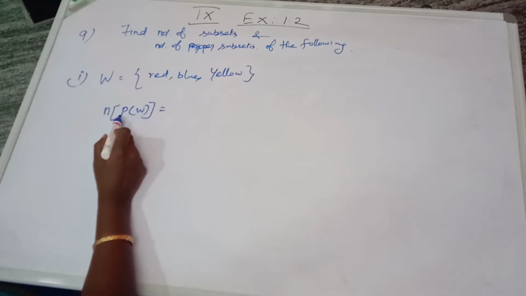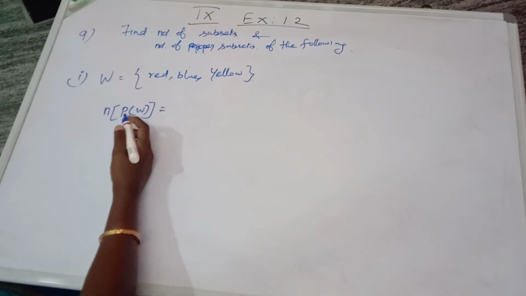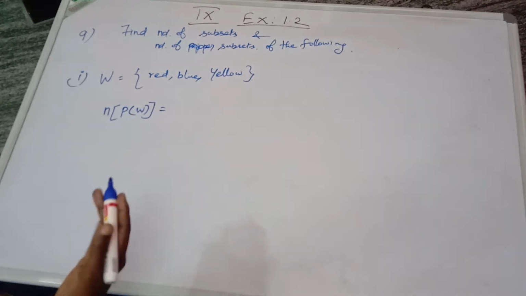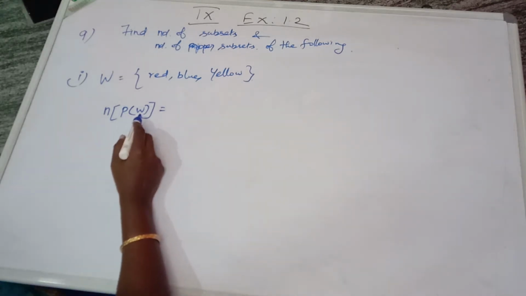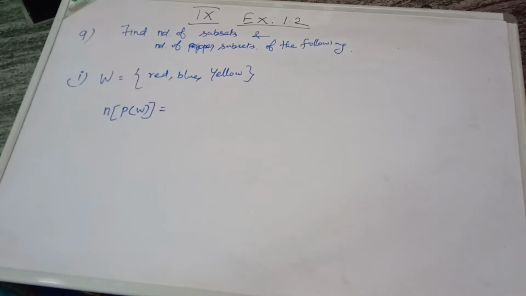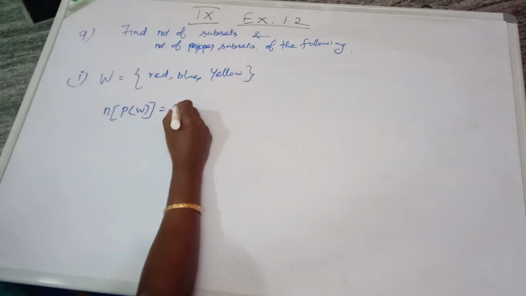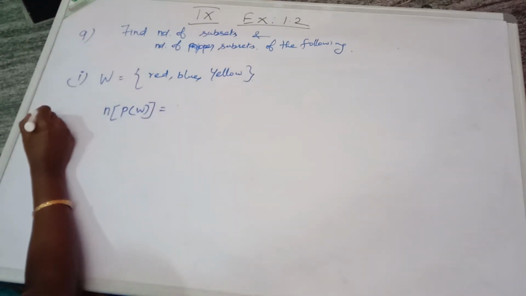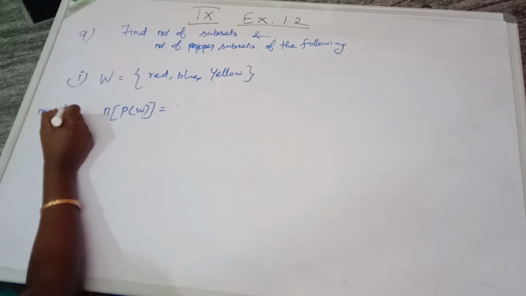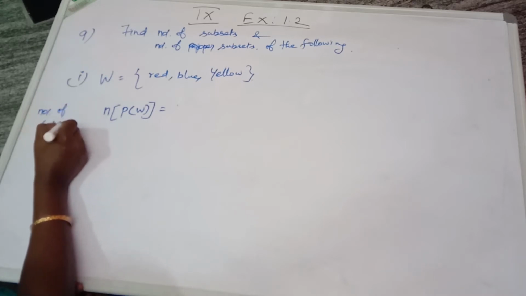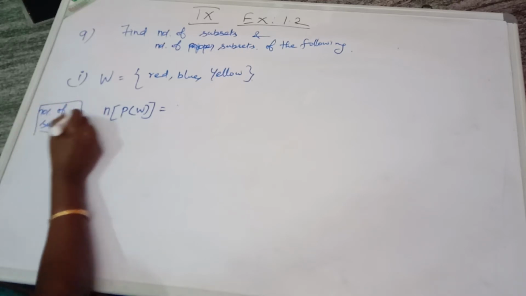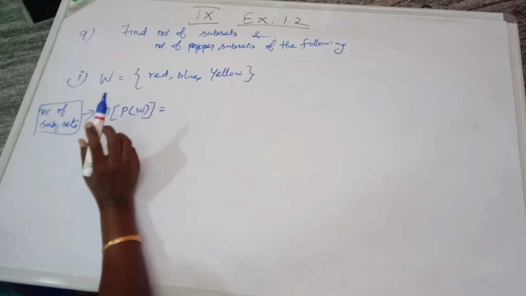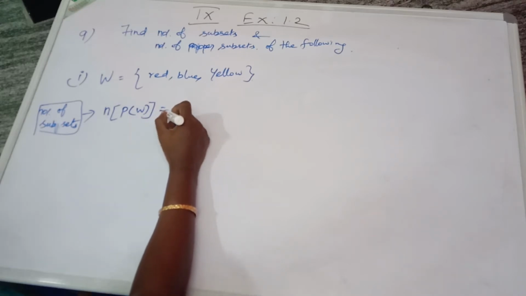So if we find the number of elements in the power set, we can know the number of subsets, because all the elements in the power set P of W are subsets. Okay, what is the formula? Number of subsets is n of P of W. You have to find out n of P of W.